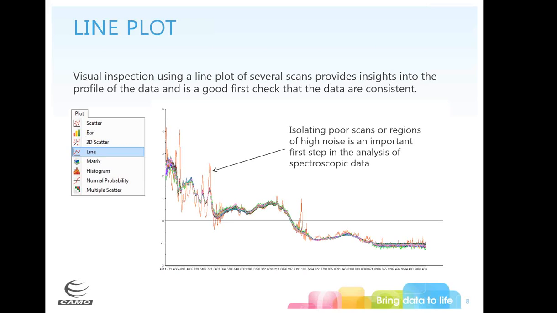Maybe you had a sample that was not in the holder correctly or just something wrong. You might want to pull that out. You can see if there's highly noisy data. It gives you some cues on how you're actually going to want to pre-process your data, because you often need to pre-process in NIR especially.